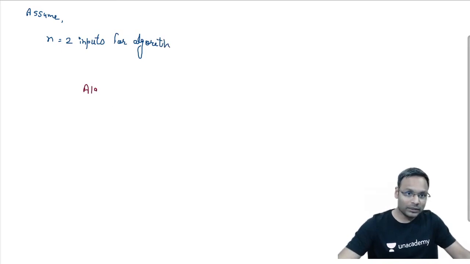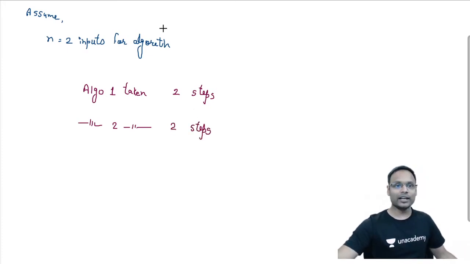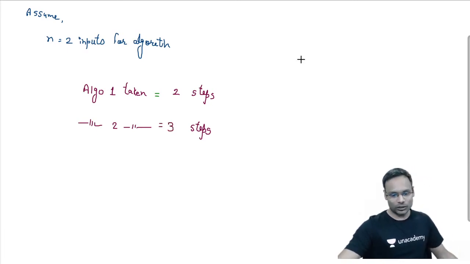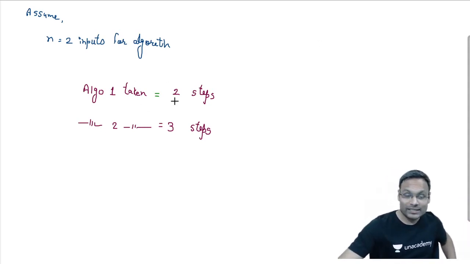Suppose algorithm number 1 takes 2 steps and algorithm number 2 also takes 2 steps to perform its intended operation. Which one is better? Can't say. Let's say in a different manner, the algorithm number 2 is taking 3 steps. Now which algorithm is taking less time? This algorithm number 1 is taking less time.